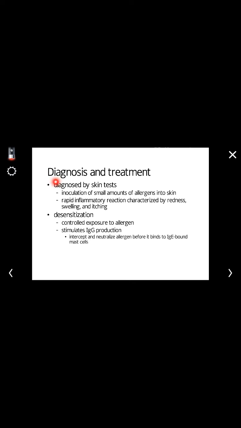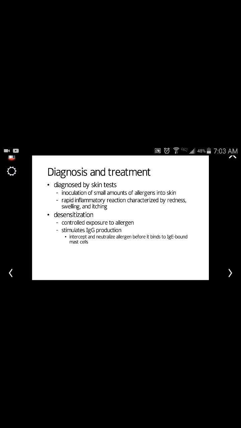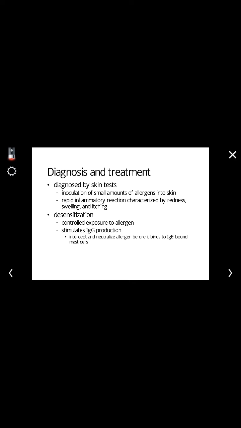Diagnosis and treatment. Diagnosed by skin tests: inoculation of small amounts of allergens into the skin, with a rapid inflammatory reaction characterized by redness, swelling, and itching. Desensitization is controlled exposure to an allergen, which stimulates immunoglobulin IgG production and intercepts and neutralizes the allergen before it binds to IgE-bound mast cells.